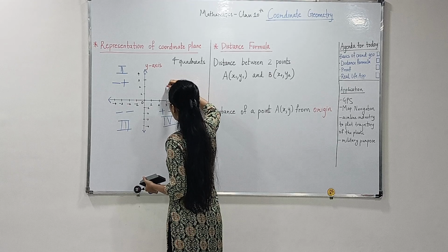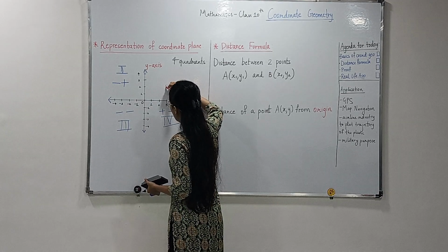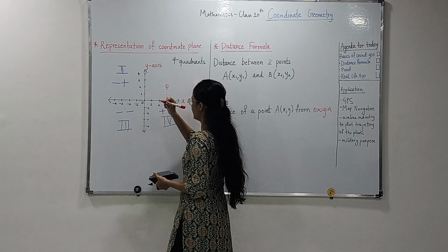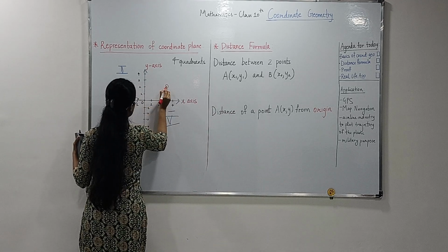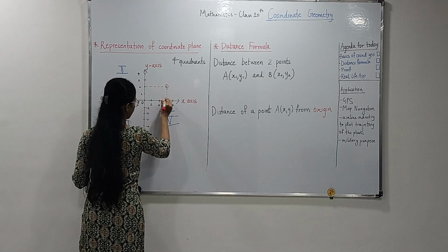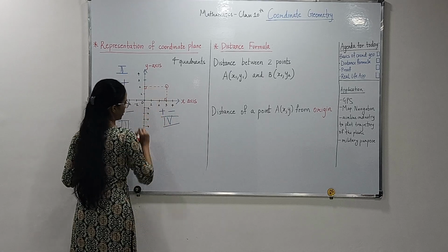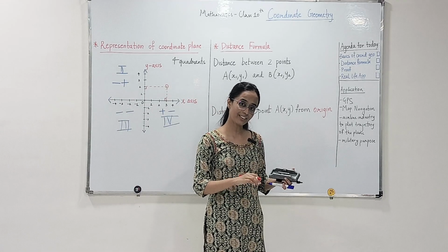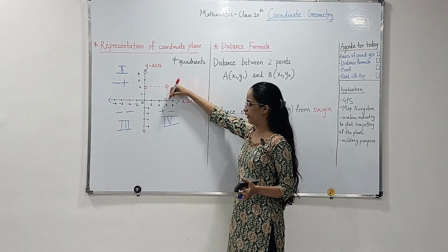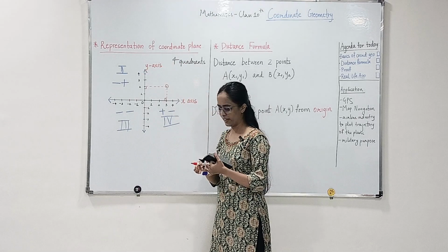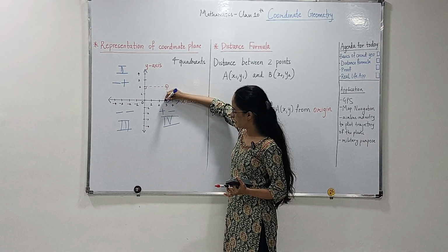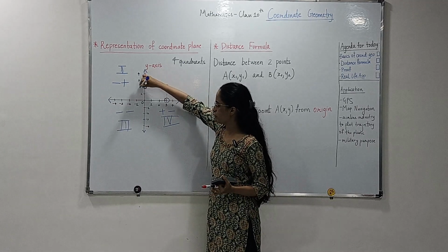I am going to drop a perpendicular from this point on the x-axis and on the y-axis. When I drop these perpendiculars, I see that the perpendicular meets the x-axis at point 3 and the y-axis at point 2.